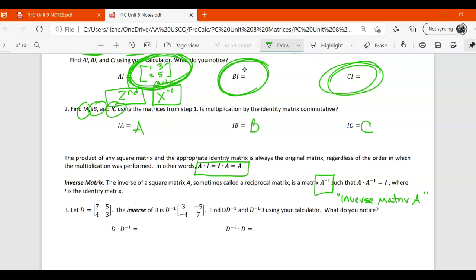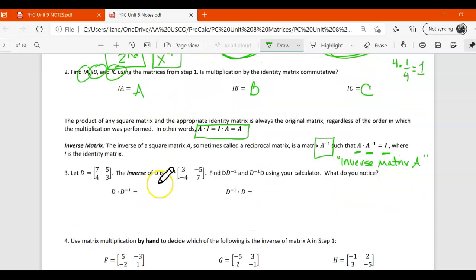We've run into that before with functions. The matrix times its inverse will give you the identity, which is the same as if we did the number 4 times the inverse of 4. What does that give me? The multiplicative identity, 1. And that's what we're doing here.